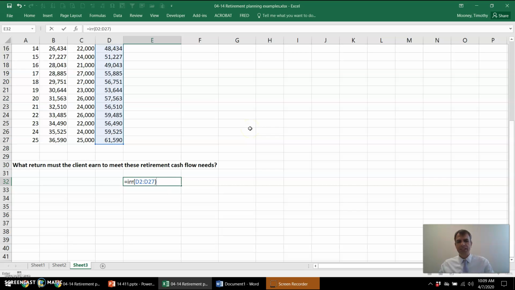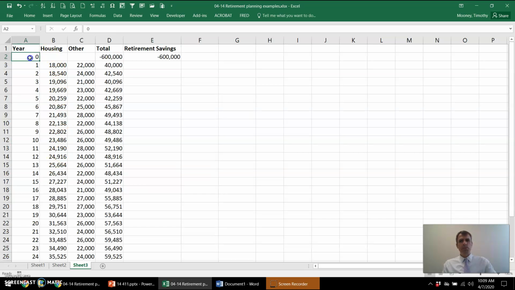Here's how it would look in Excel. What do I need to earn on my retirement savings to make this work? 6.25%.